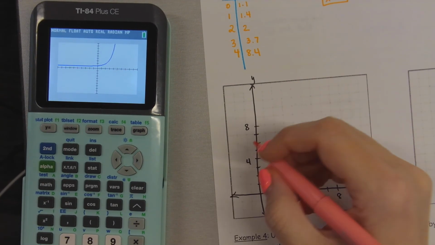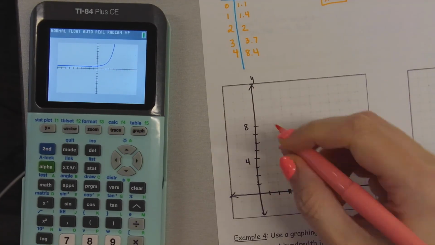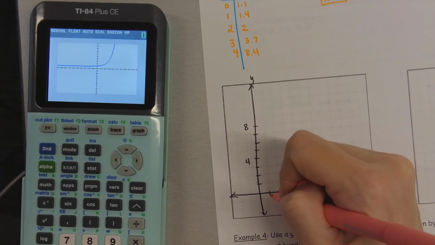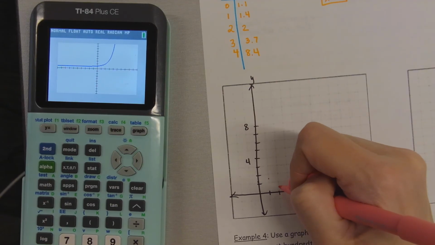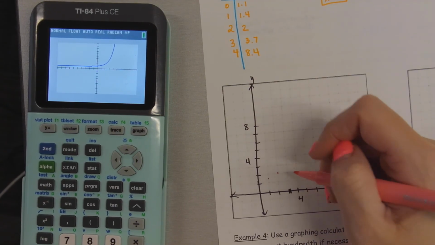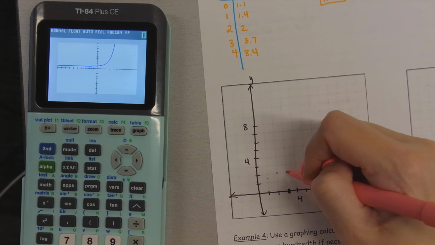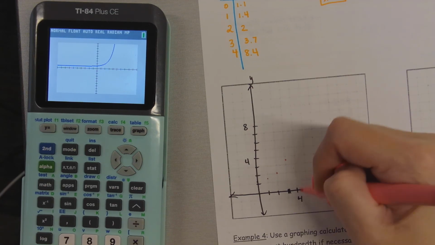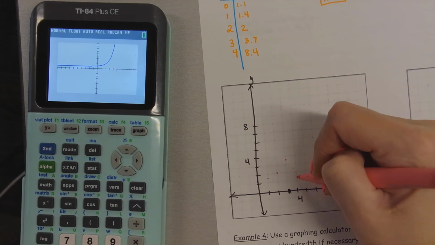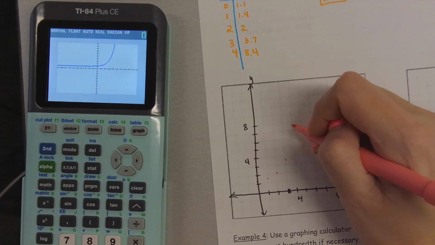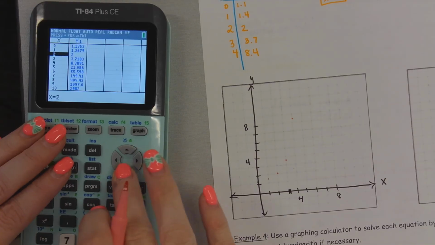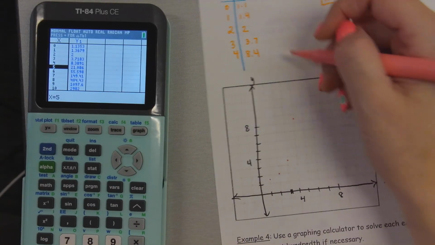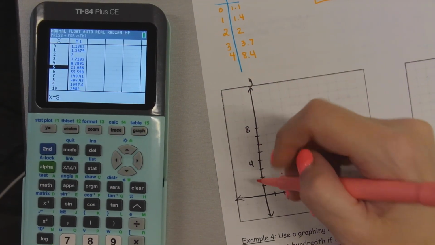So at 0, I'm at 1.1. At 1, I'm at 1.4. At 2, I'm at 2. At 3, I'm at 3.7. At 4, I'm at 8.4. Yeah, at 5, I'm at 21, so it's going to be pretty steep from there.